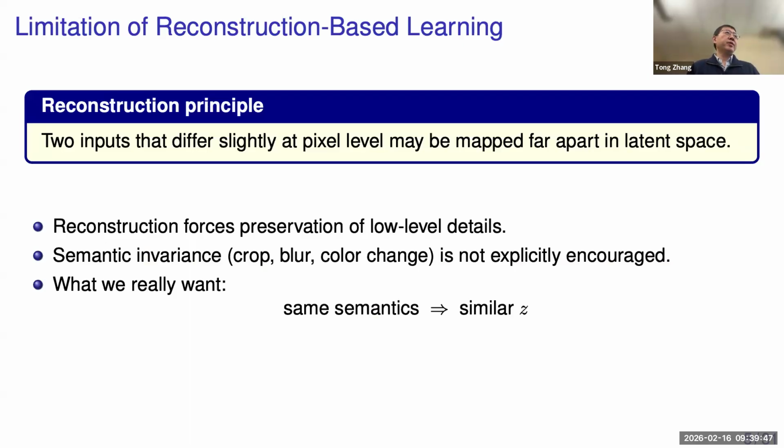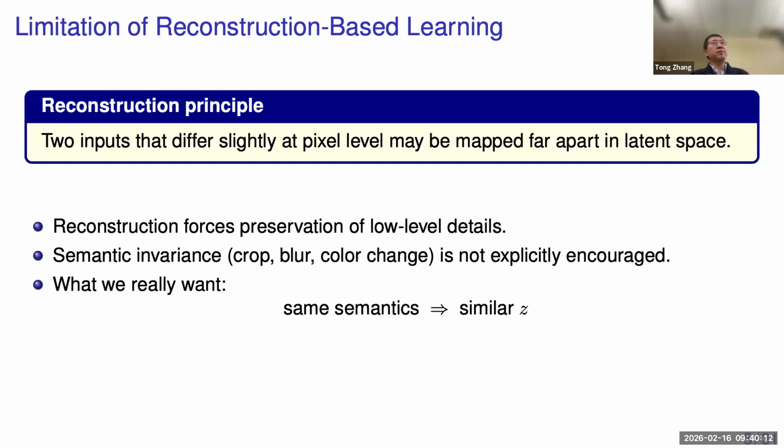It turns out reconstruction cannot do that, because if I use the same embedding, then I don't know the position of the cat, whether it's on the left-hand side or right-hand side. Then I cannot reconstruct, because I don't know whether I should reconstruct to the left or to the right. Therefore, if you're just looking at this particular view of reconstruction, you will not be able to map them to the same embedding.